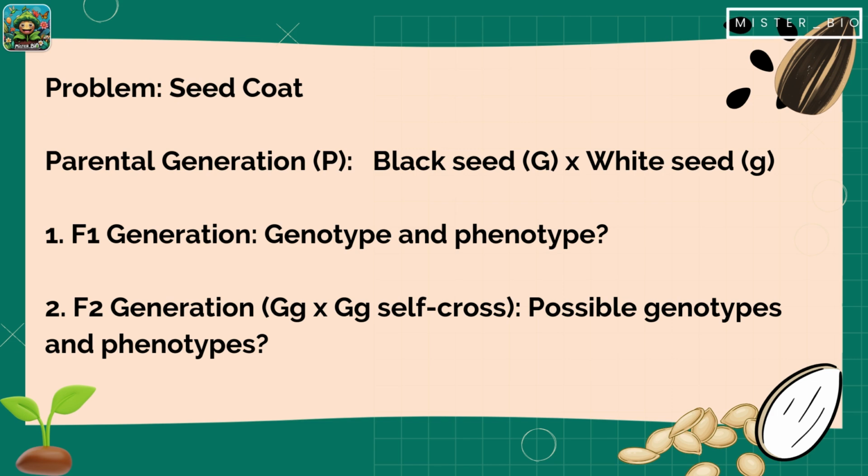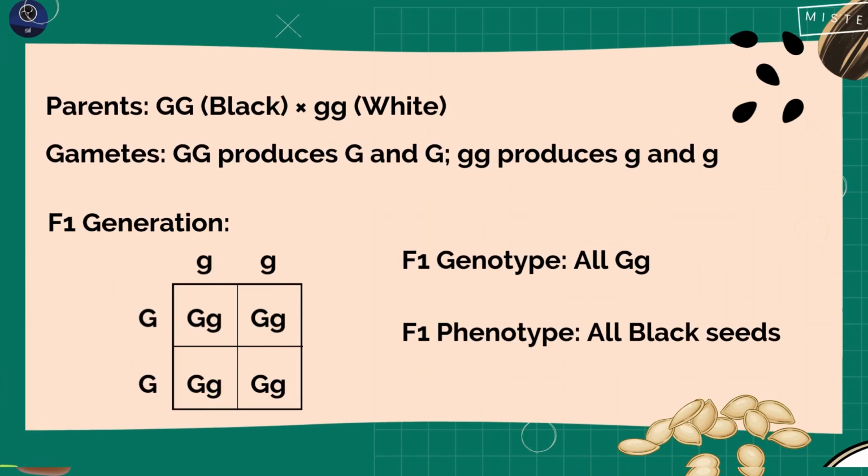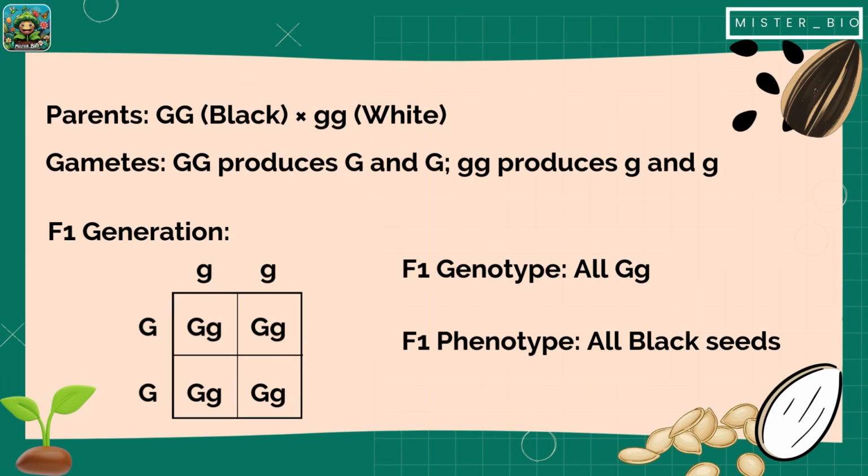We will try to find out about the F1 generation genotype and phenotype, and also the F2 generation. If we cross both heterozygous, a self-cross, what would be the possible genotypes and phenotypes? So, are you guys ready? Okay, first we have the parents, the black crossed to white.